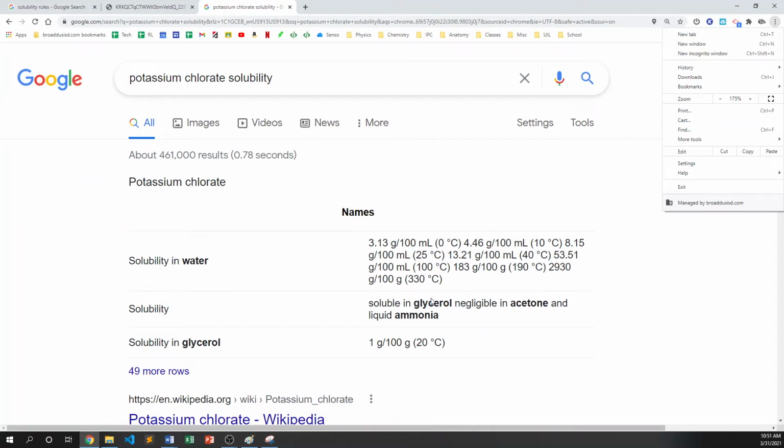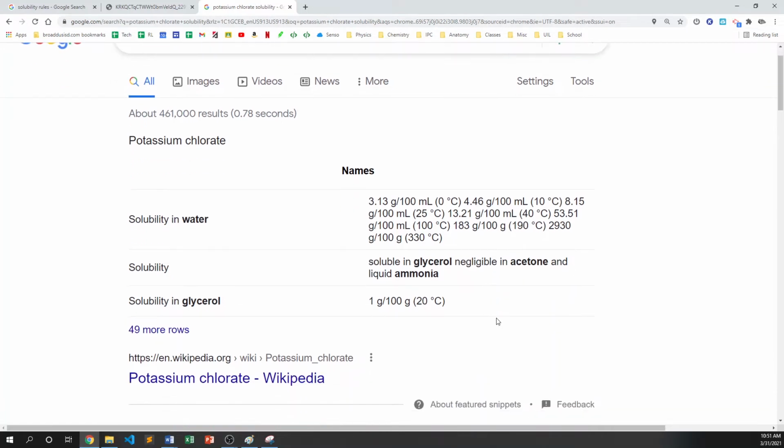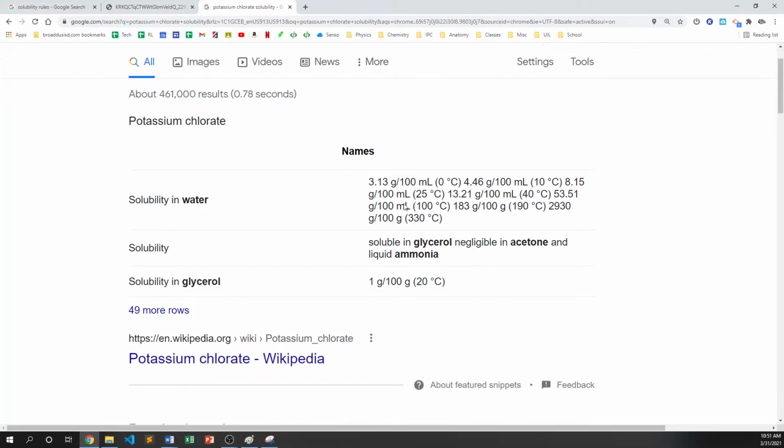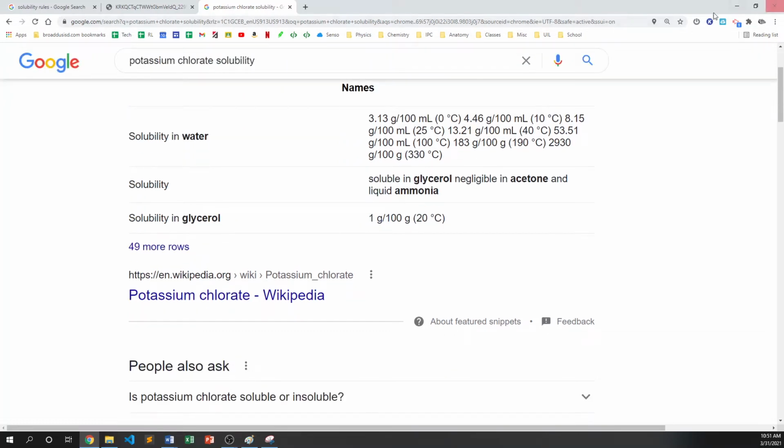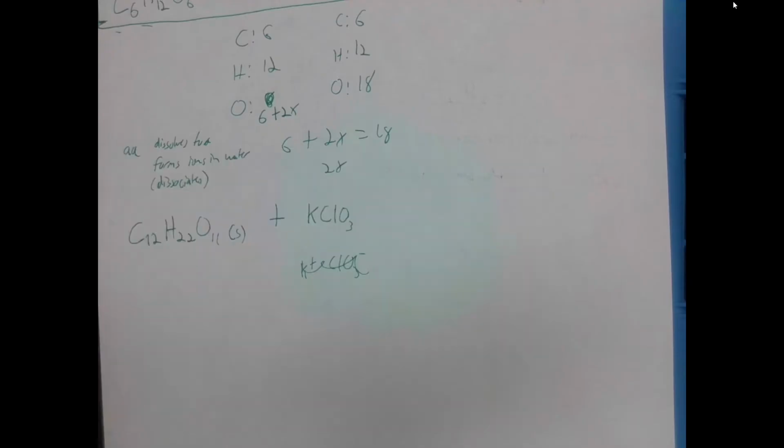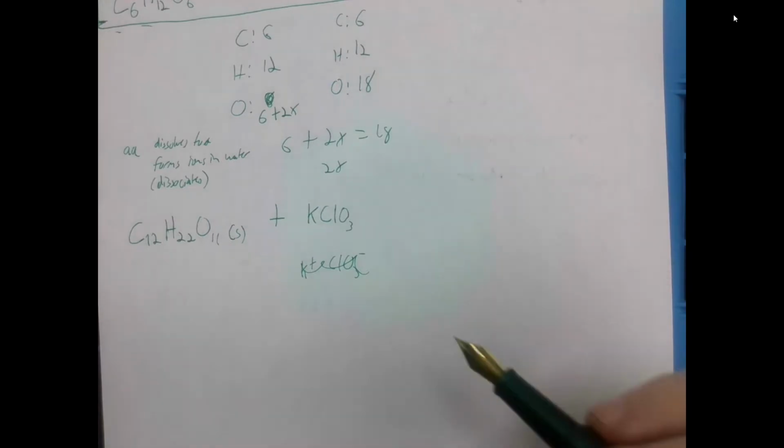It's soluble in glycerol, negligible in acetone. Soluble in water is barely anything. But it doesn't really matter in this equation because we're definitely not using any water. Water is not involved in here.